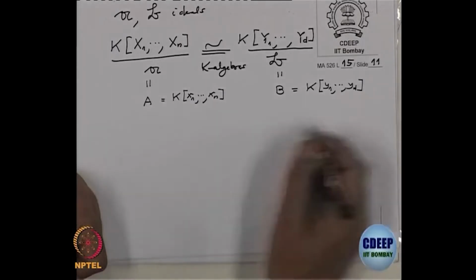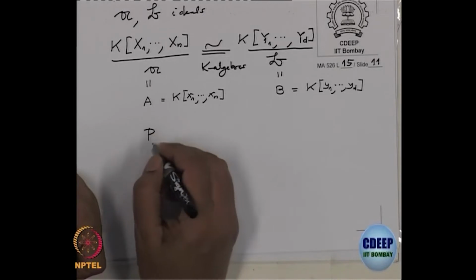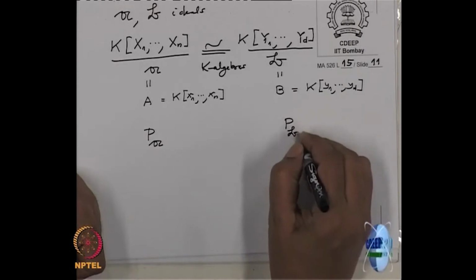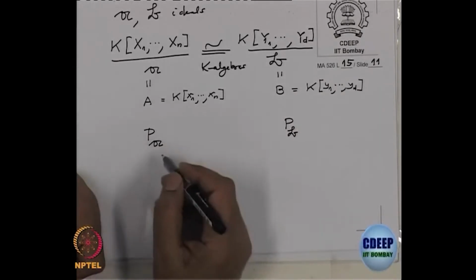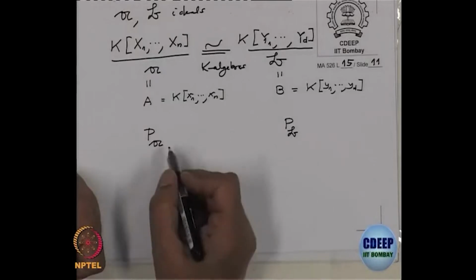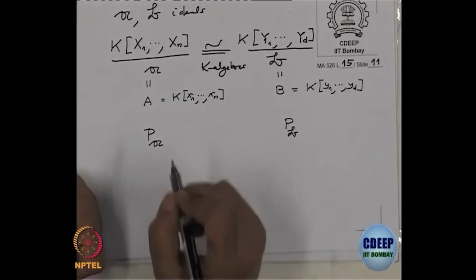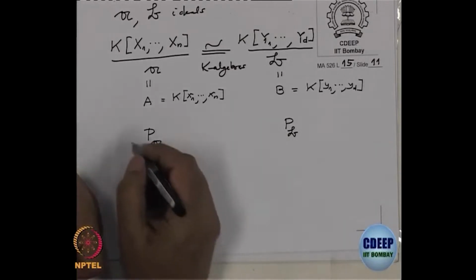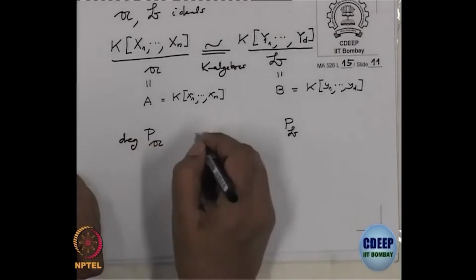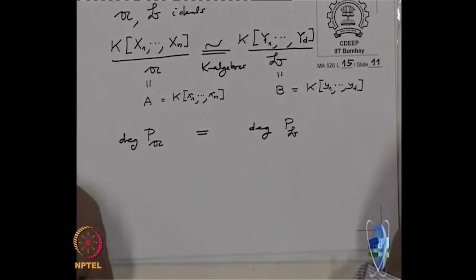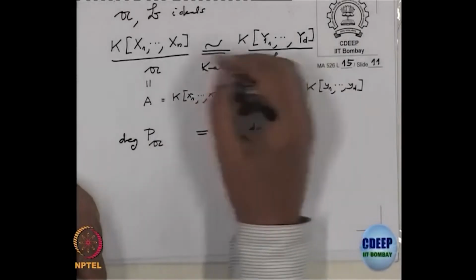And then what we need to prove is, the polynomial P_A, we have associated polynomial P_B, and then we have seen in earlier example that they are not the same polynomials, but we want to prove that they are the same degree. So degree of this equal to degree of this is what we need to prove.